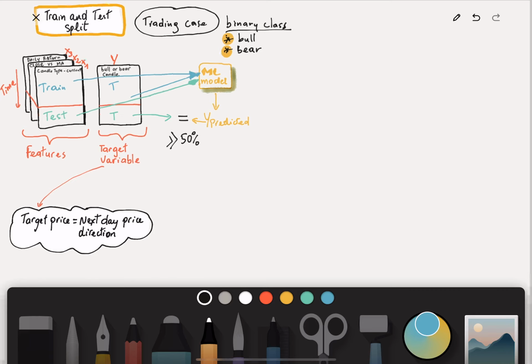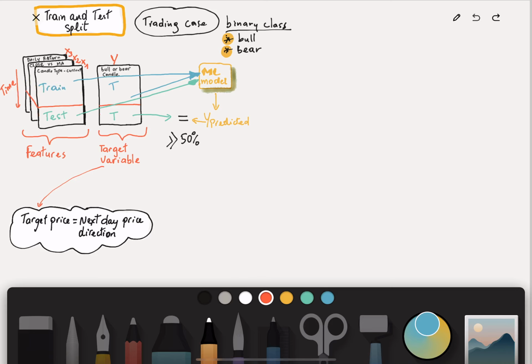So in trading, you might say, but why not use a smaller train set and then test it on a larger test set?